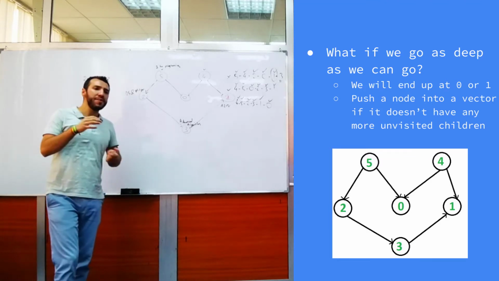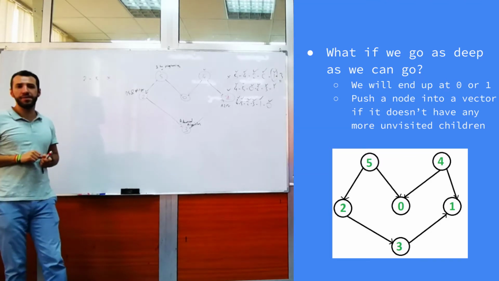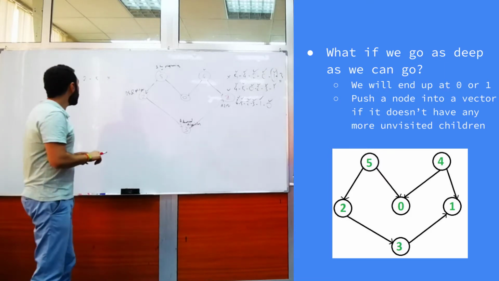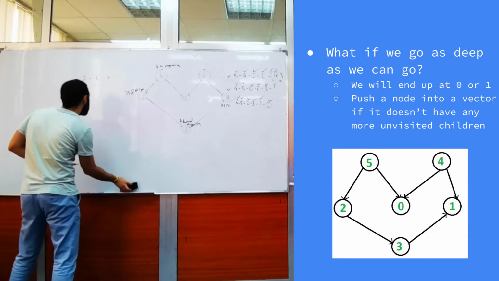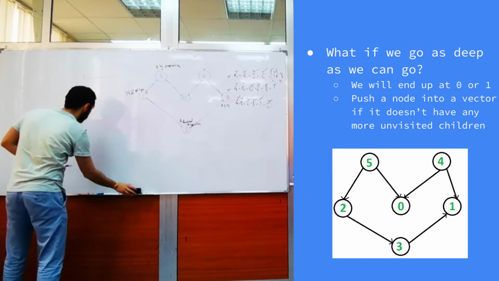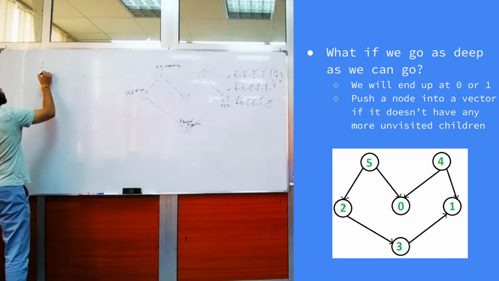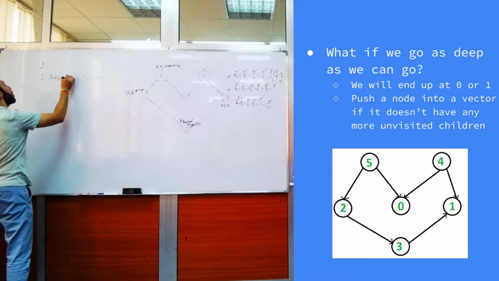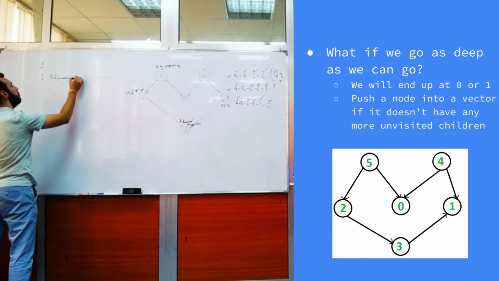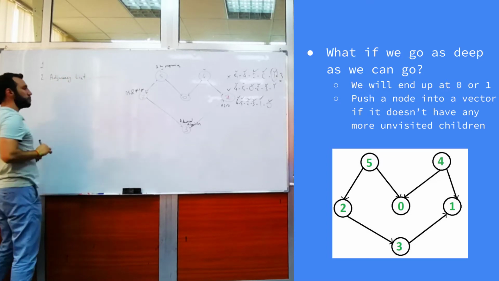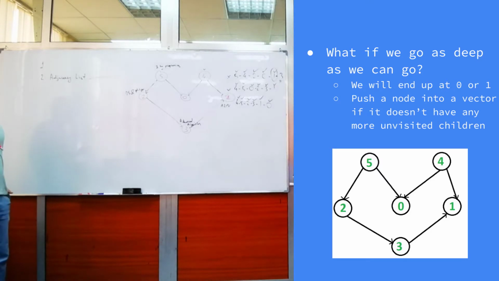If you remember, we had different ways of representing graphs, right? Which ways were the most common ones? How about the first one?